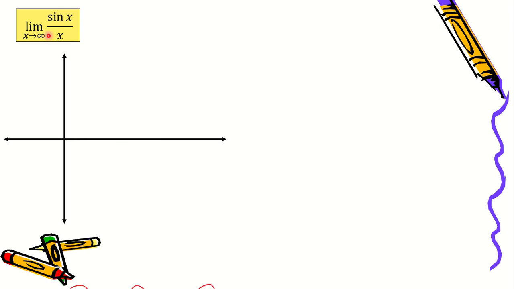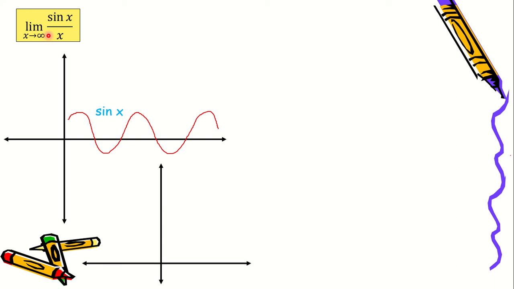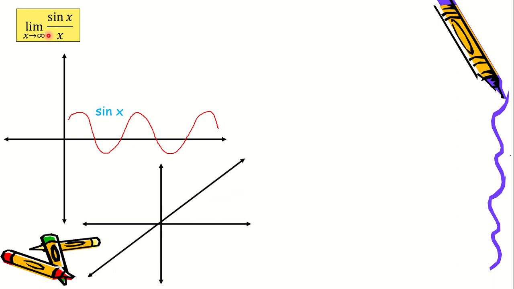Now sine x is simply a function which repeats, whereas the function for x, it increases. So x increases at a rate which is greater than the sine. X increases at a greater rate than the sine. Therefore, we can say that the function is bottom heavy.